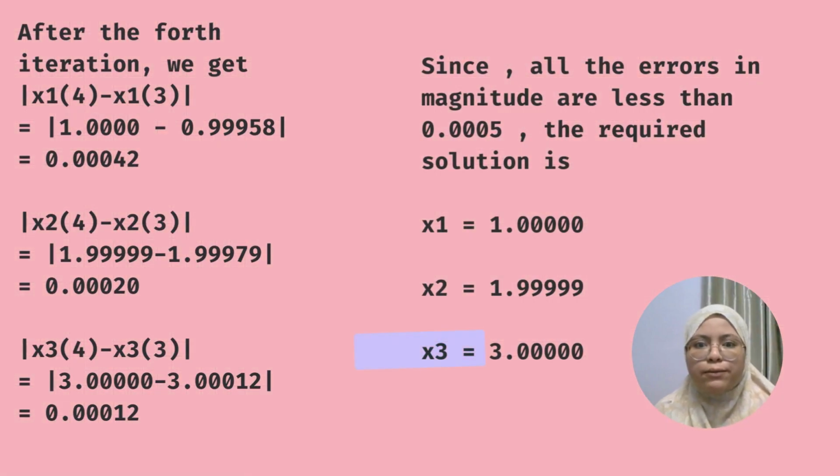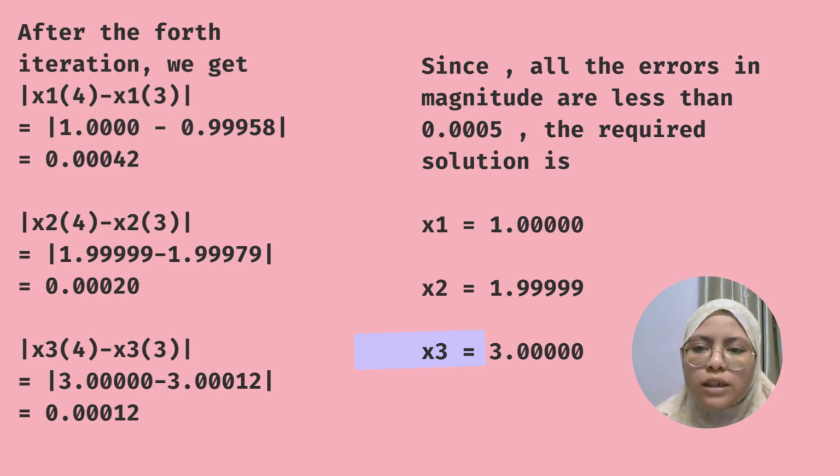After the fourth iteration, we calculate the value of the error in magnitude between iteration 4 and 3. For x1, the value at iteration 4 minus the value at iteration 3, we will get 0.00042.